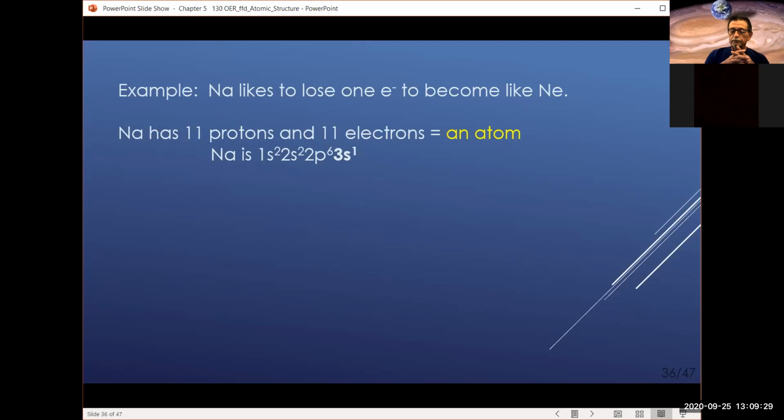Now, sodium is in the third energy level, third period, and it's in that first column. I'll bring a periodic table up in a second, so we can use the periodic table to very quickly write down the electron configuration. Or you can memorize the way that we fill in the orbitals.